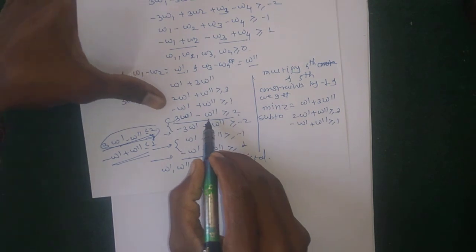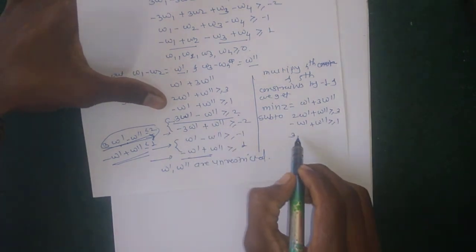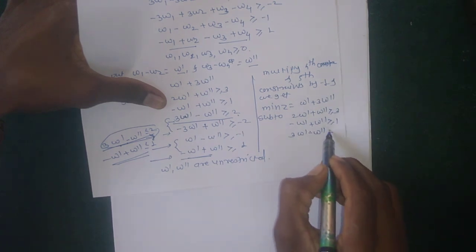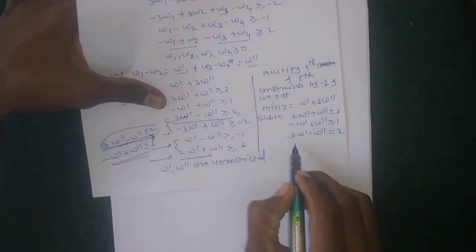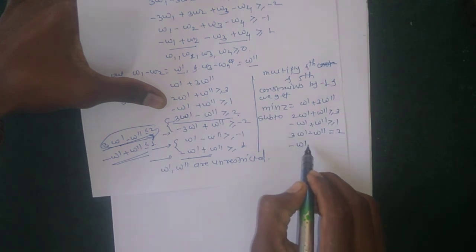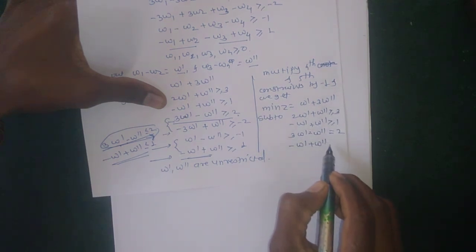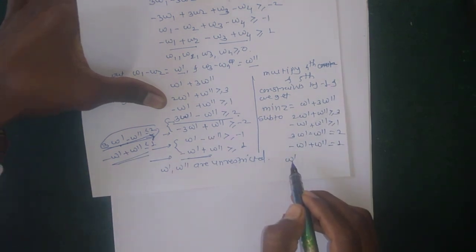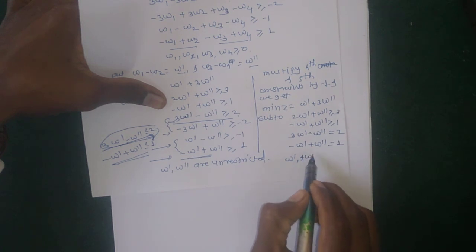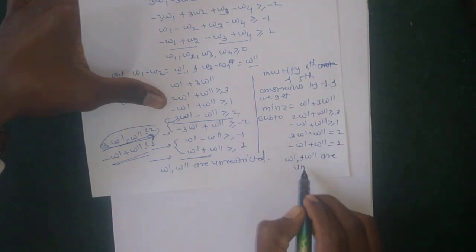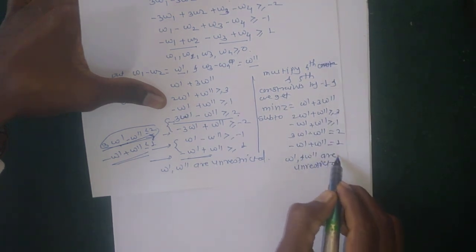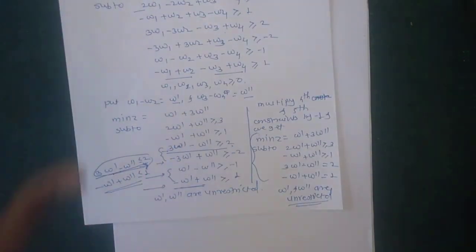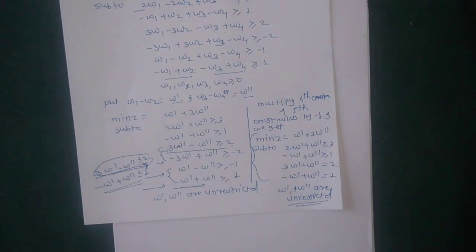But the third constraint is of equal type: 3w' - w'' = 2, and the last constraint is -w' + w'' = 1, where w' and w'' are unrestricted. This is our dual of the given LPP.